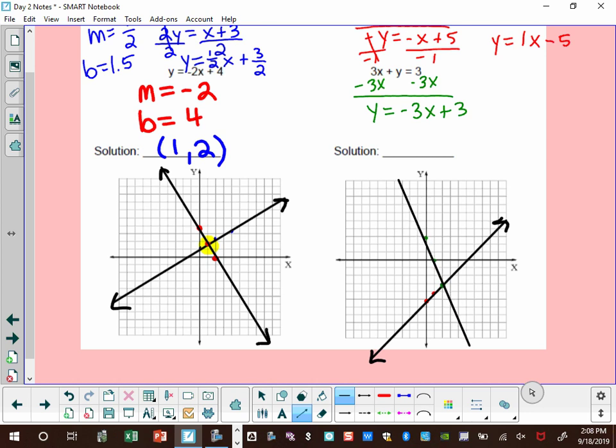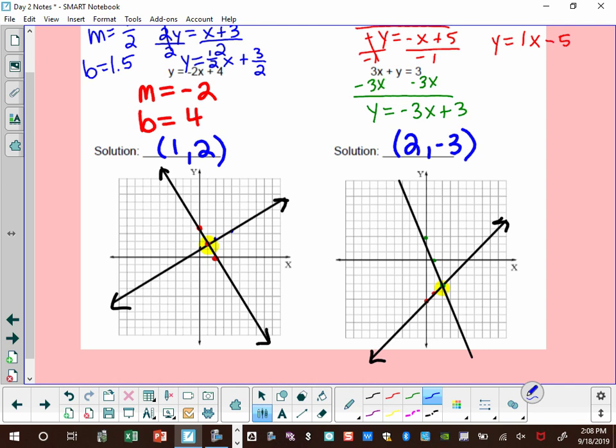That's where they cross. Your solution for this one should be +2, -3. You guys get that? Good. If you did not get that, please make your corrections.